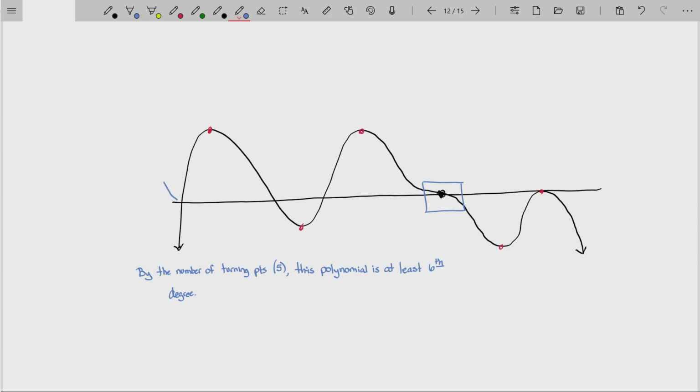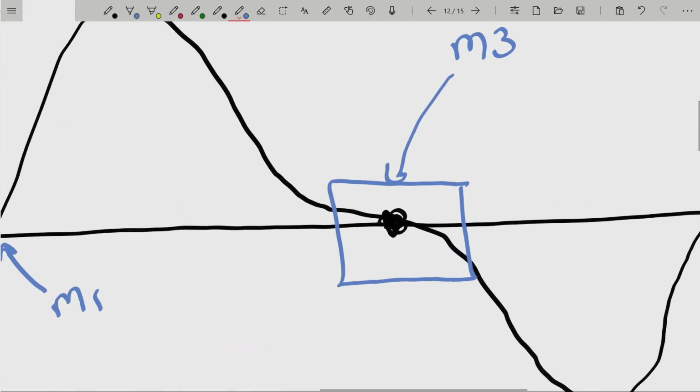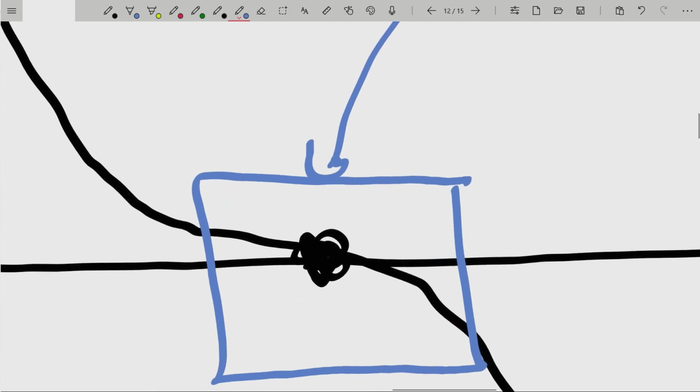If you look at this root right there, that's probably multiplicity 1. Here's another multiplicity 1. Here's another multiplicity 1. This is likely multiplicity 2. I'm going to write M2, M1, M1. I'm just going to do that so we keep track of what I'm saying. And this guy right here is likely multiplicity 3 because it looks like a cubic when you zoom in.